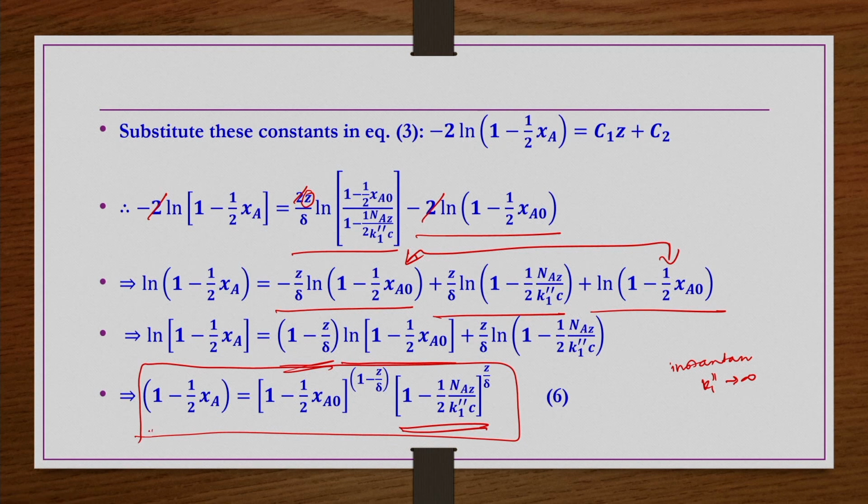So, only this part would be there, which is the same as the solution of part A, where the reaction is instantaneous. So, if the reaction is not instantaneous and the reaction is pseudo first order, then this additional correction term will appear on the right hand side.